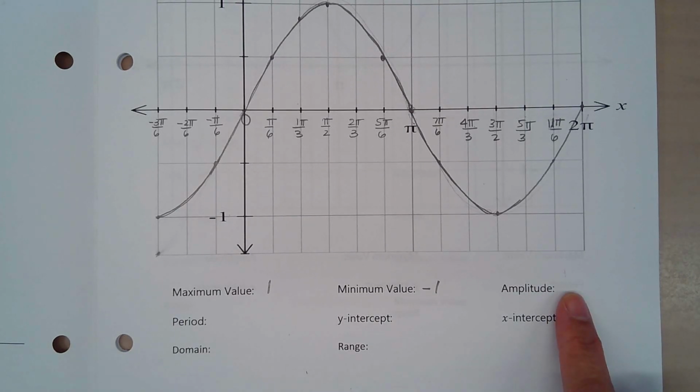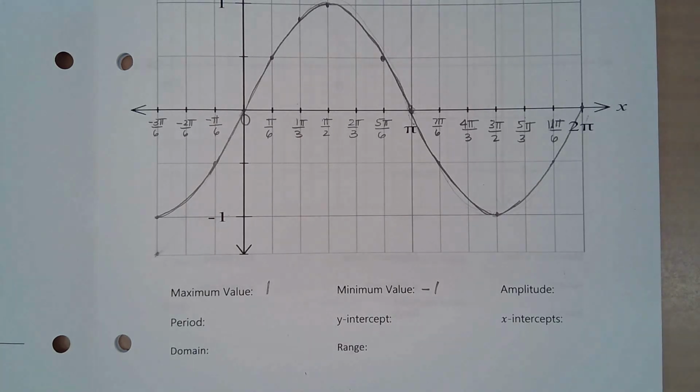Now this is something that's new: the word amplitude. If you are taking physics, you probably heard of the word amplitude. What's the amplitude? The measurement from in between the highest crest to the lowest trough. Some people are saying some physics terminology, and if you're not taking physics, it's okay.